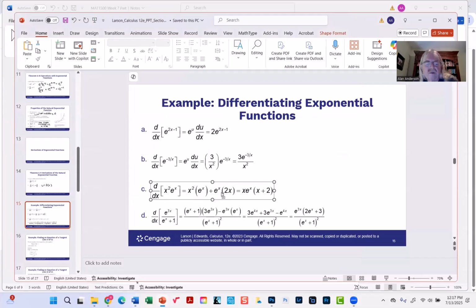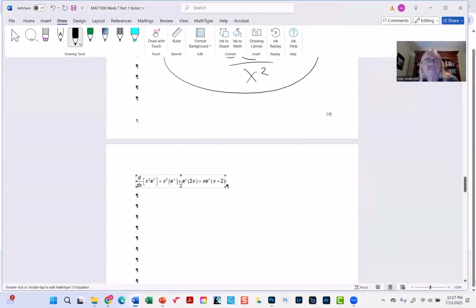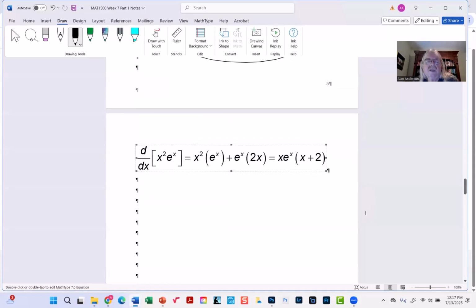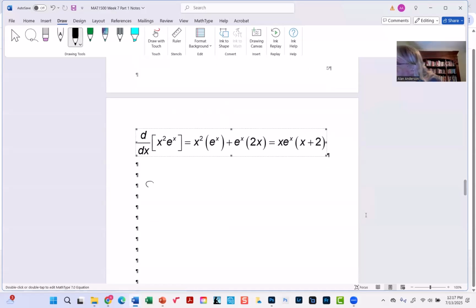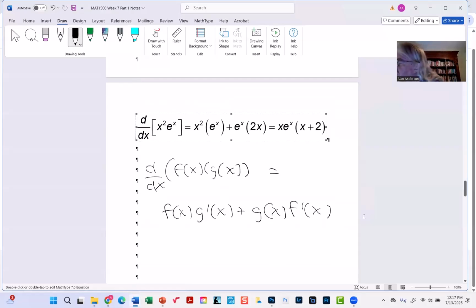Now this one, of course, is a product rule. So of course, remember how that works. In this case, this is our f of x, this is our g of x. F prime of x is simply 2x.